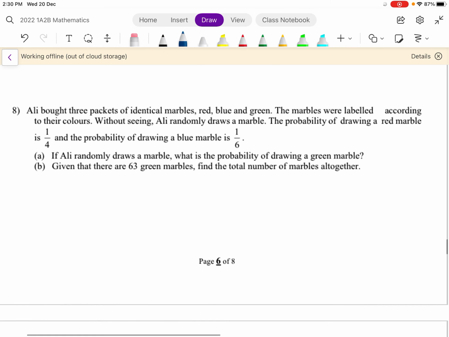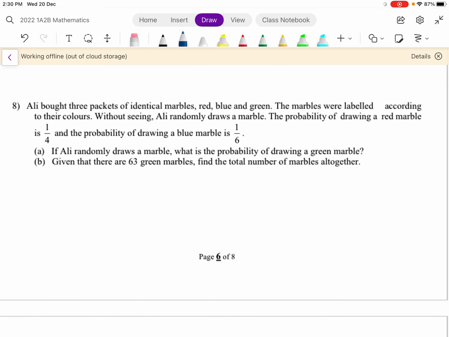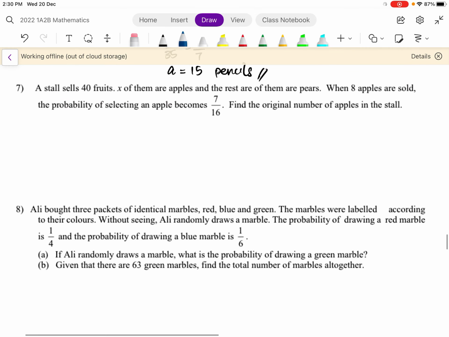Okay, so let's form our probability of drawing an apple. Originally it was X, we sell 8 of them already. The total number of fruits is actually 40 minus 8, because we sold 8 apples, so the total has dropped. This is going to give us 7 over 16.